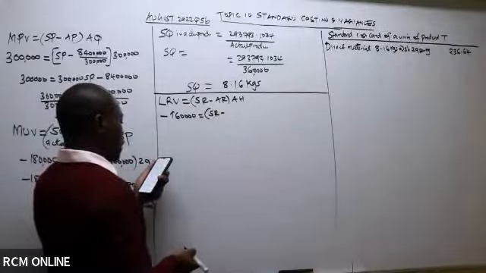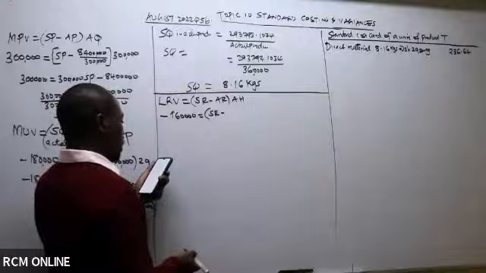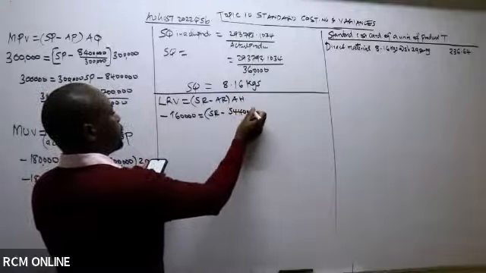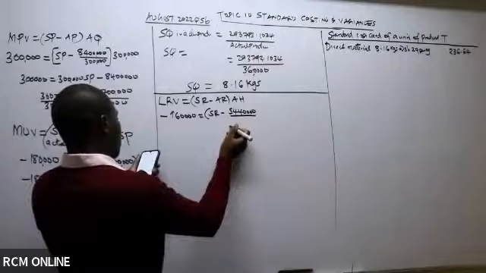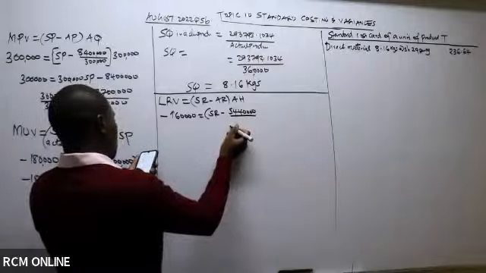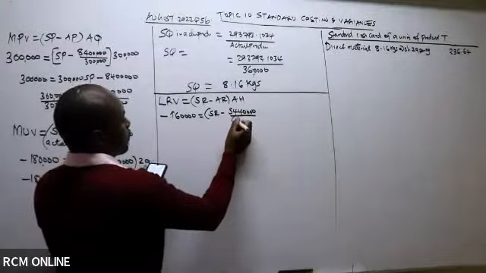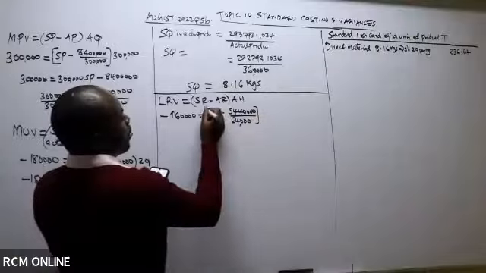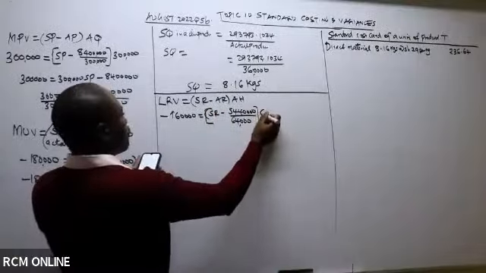Do we have actual labor rate? We are given actual labor cost, that is 54.40 divided by actual hours, 64,000 hours. This will give us actual rate. Then we multiply by actual hours, which remains to be what?